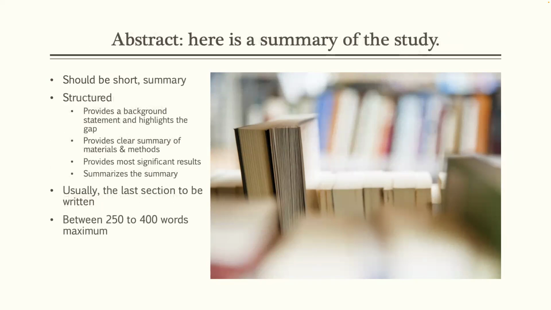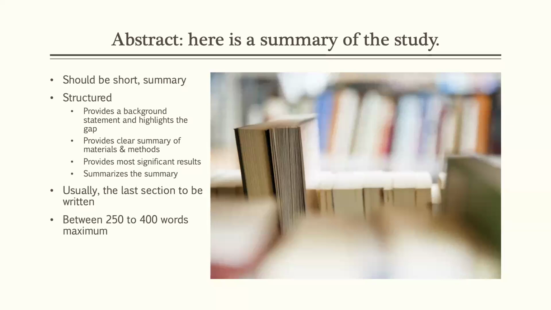Once you've done that and you finish that reporting, then you can quickly draw your short abstract. Even though your abstract is the first thing that is seen when they open your work, your abstract is usually the last thing that is done. So you quickly write your abstract, a short summary. Usually the abstract is structured, right?